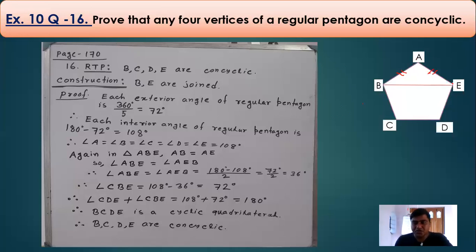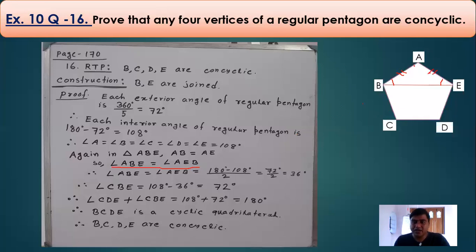We know in an isosceles triangle, the angles opposite the equal sides are equal. So angle ABE equals angle AEB.